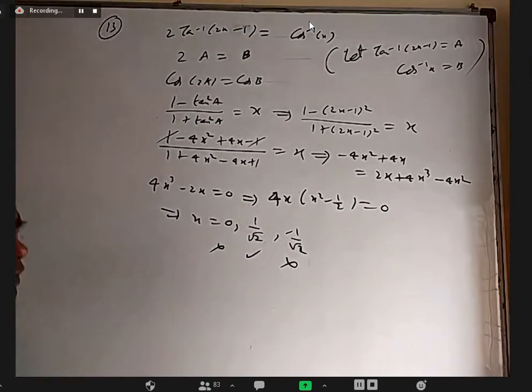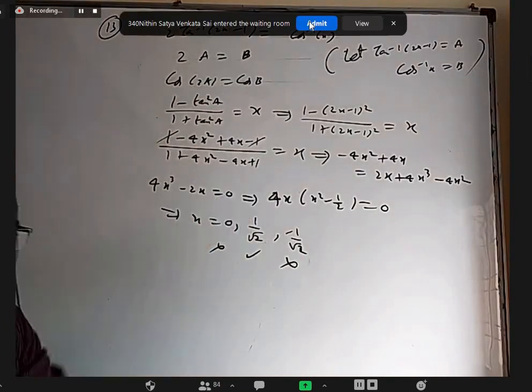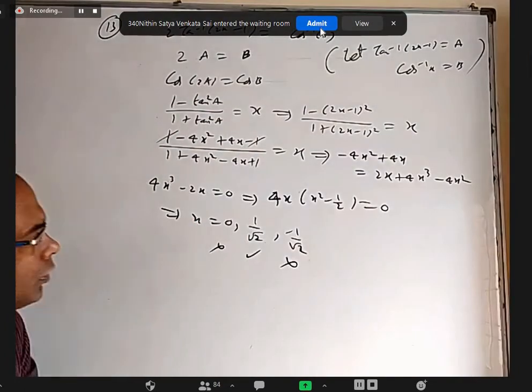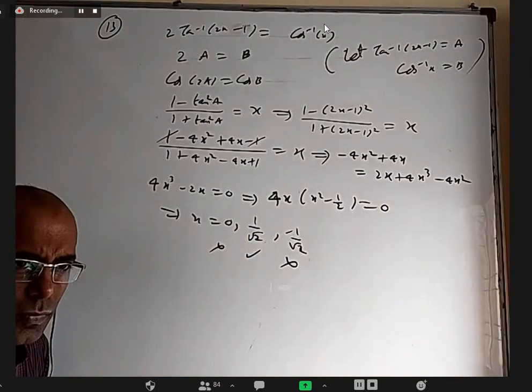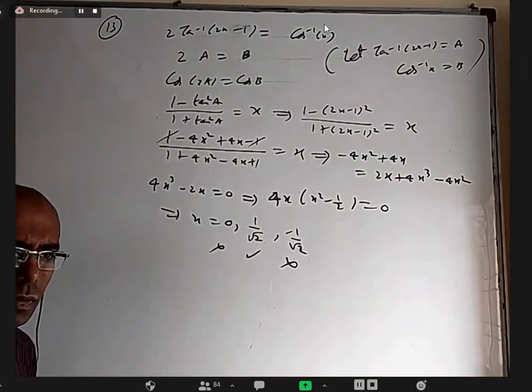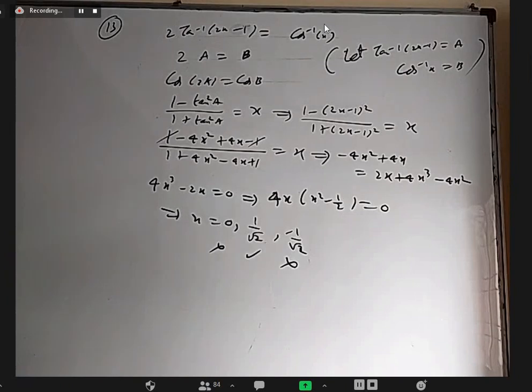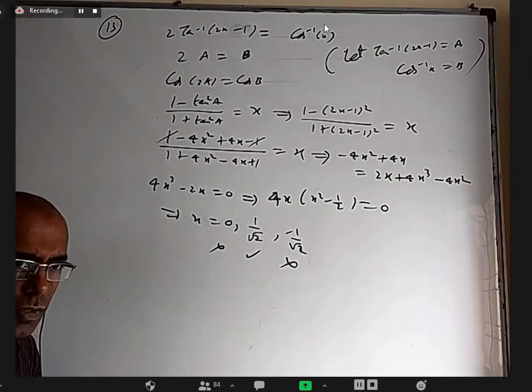Anybody want to tell? I want to change the question slightly. Okay, so that 0 will be the solution. Because basically I want to understand why 0 also came as an answer. Anybody want to give an explanation for that?